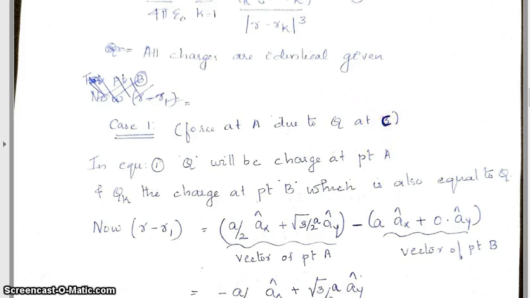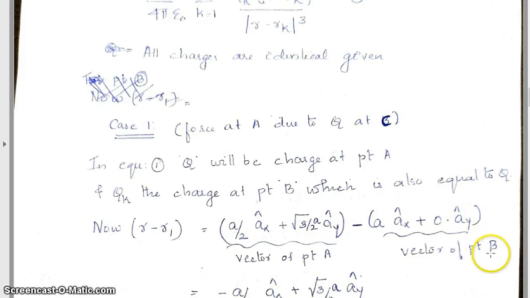Okay. So now R minus R1, the position vector of my A is A by 2 AX cap. You can use AX cap. Cap can be used for representing unit vector. Okay, plus root 3 by 2 A AY minus the position vector of C, that is A into AX plus 0 into AY.